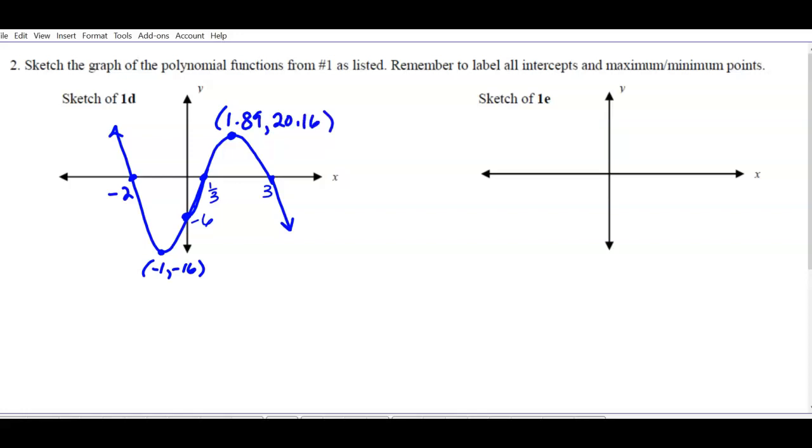Okay. In any case, zigzags, and you want to label important points. I'm going to leave one E for you to do. You can always check with your calculator. Again, change your window so you can see those max and mins.